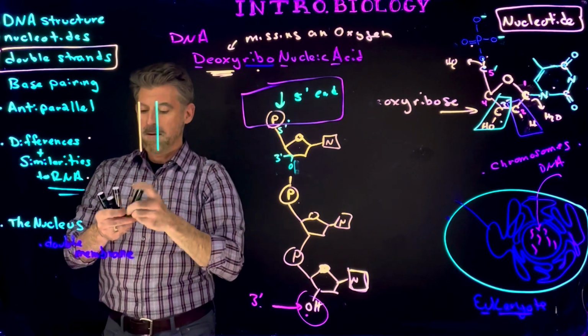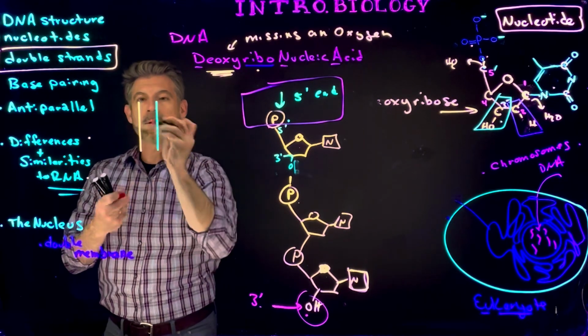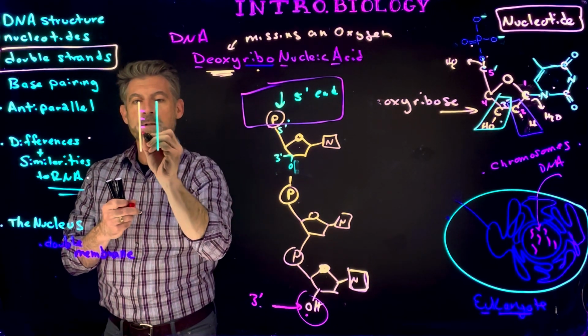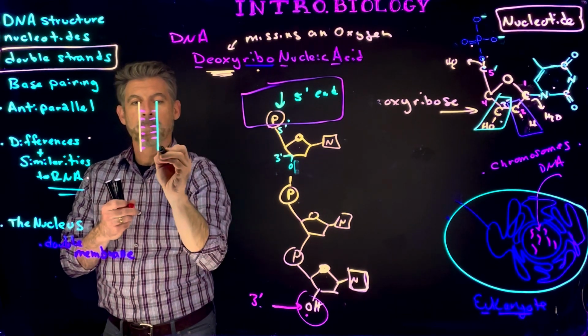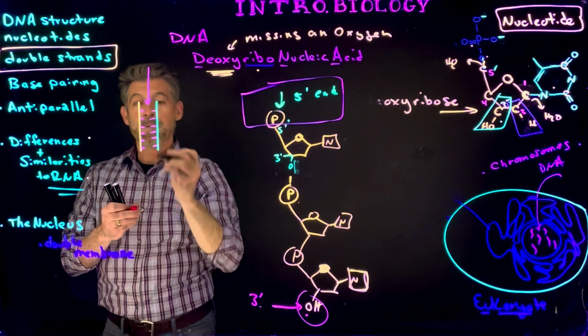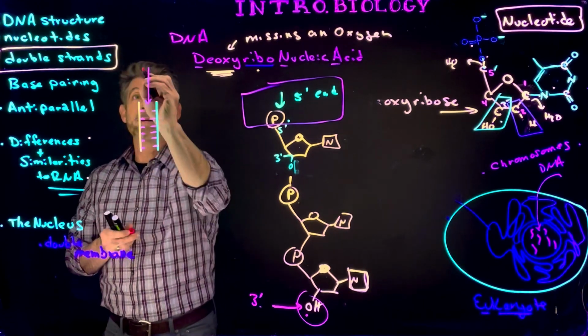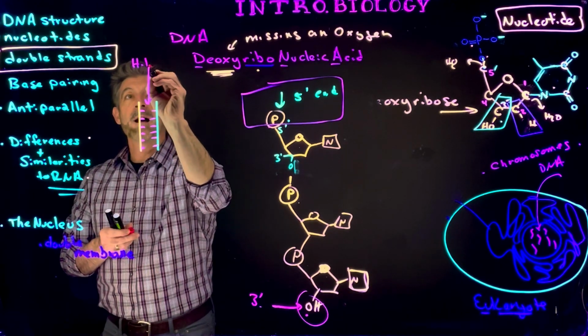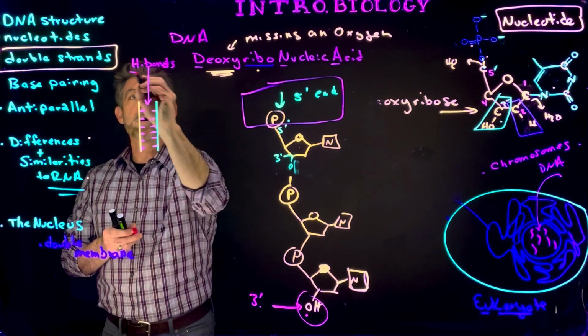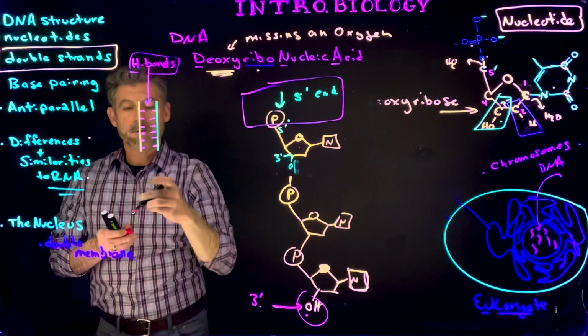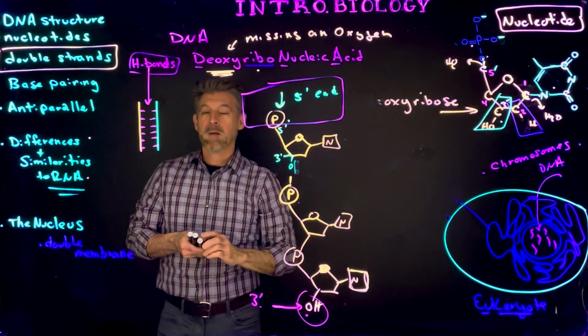Another strand here. Strands are then bound to each other with some kind of bond, okay? And eventually we'll get there, it's a hydrogen bond. So hydrogen bonds are what hold together two strands of DNA.